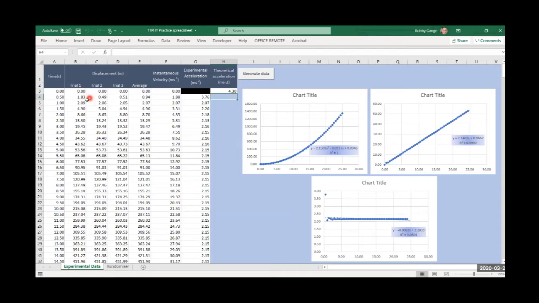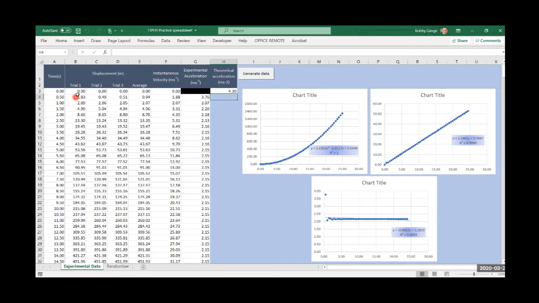So essentially the scenario here is someone has conducted an experiment where they had a ball that they rolled down an incline, and as it's rolling down the incline, it's changing its displacement over time.